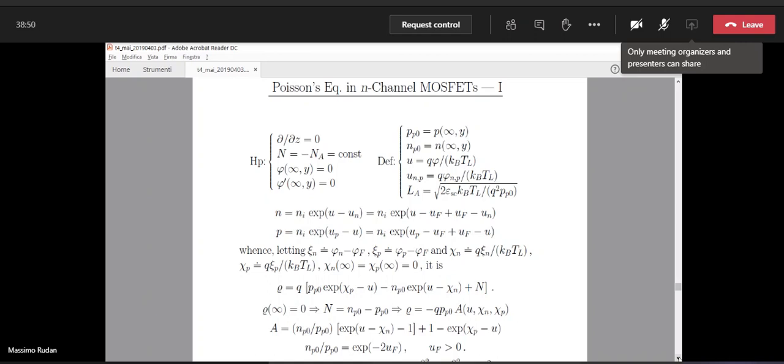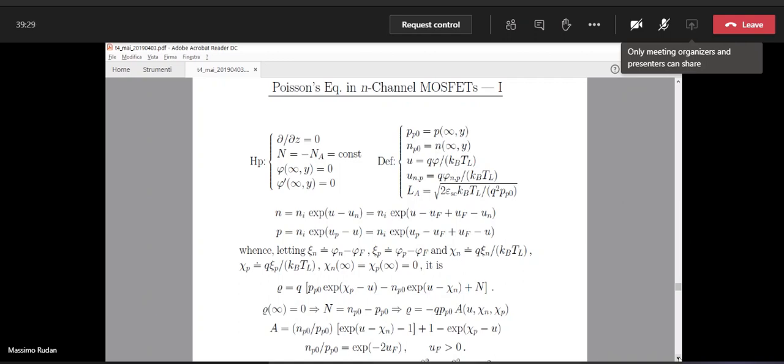So we have that n is equal to np0 minus pp0. This is exactly equal to what we obtain in the MOS capacitor. So after some calculations that are identical to those of the MOS capacitor, we express the charge density in the semiconductor as minus q pp0 times a function a, and this function is a pure number, okay, no units.